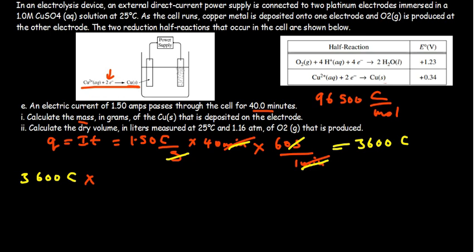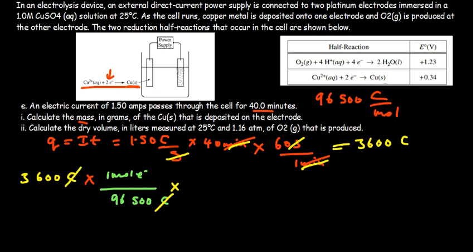Since I want to show the cancellation of the coulomb there, and since it's 96,500 coulomb per mole, I can write it in the opposite form so that the mole can be on top: 1 mole of electrons over 96,500 coulomb. So far we can see the cancellation of the coulombs there.